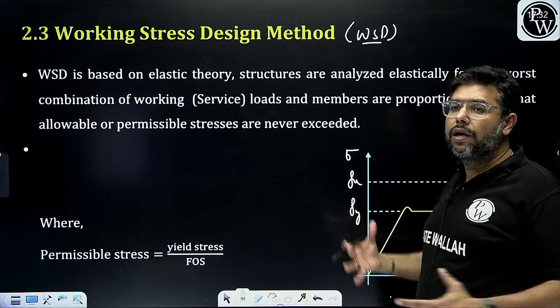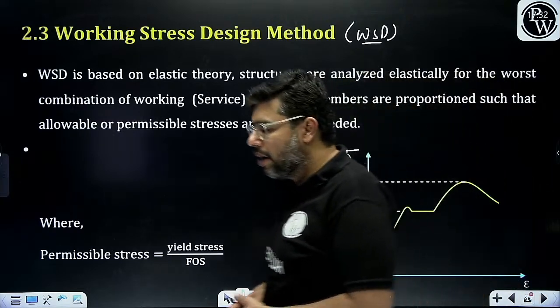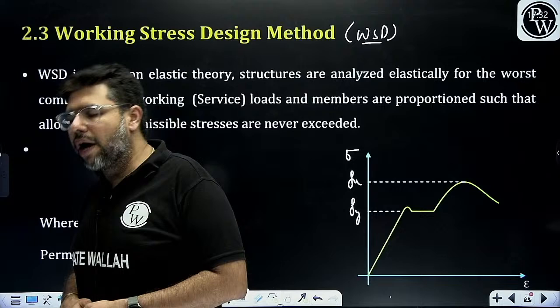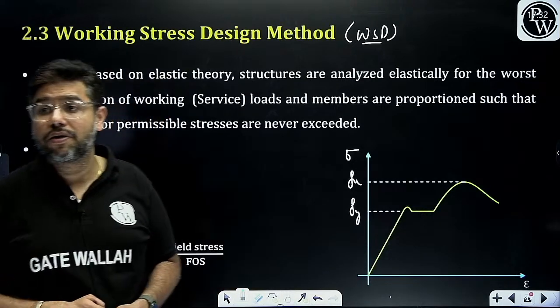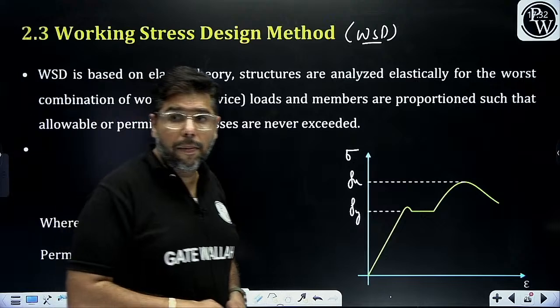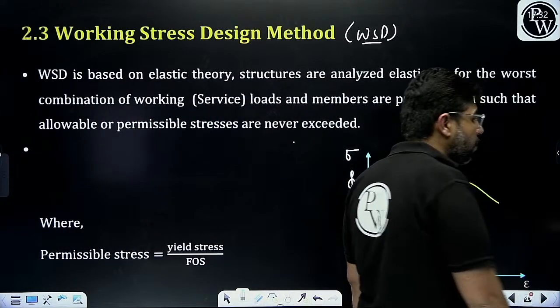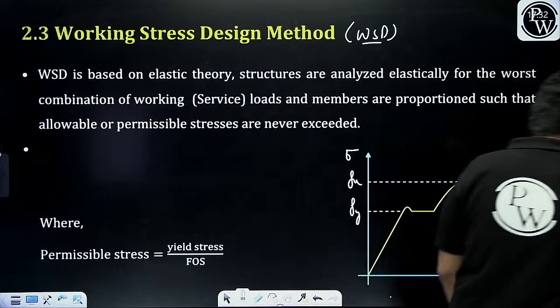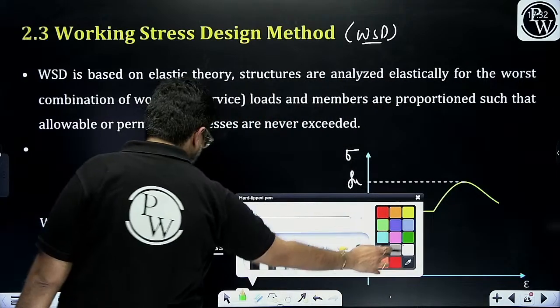You will take the worst combination of the working loads and you will ensure that the summation of all the working stresses is less than the permissible stress, and the members are proportioned such that the permissible or the allowable stresses are never exceeded. So, for safety you have to ensure one thing. What we have to ensure?